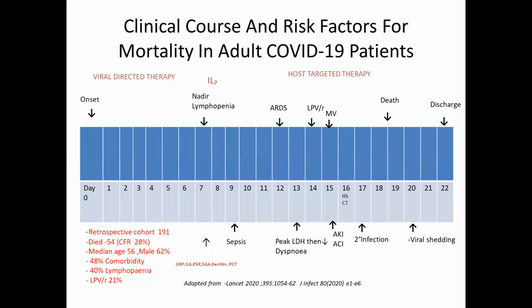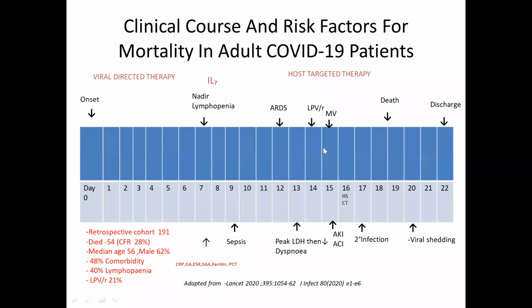So the right time to give viral-directed therapy would be in the early phase of the disease, where you have intense viral replication. And by the time you have lymphopenia, probably use of interleukin-2 and interleukin-7, which are more useful in differentiation and proliferation of lymphocytes, may be a consideration.